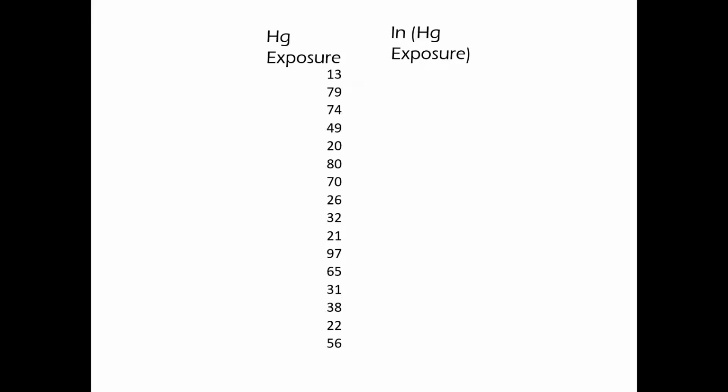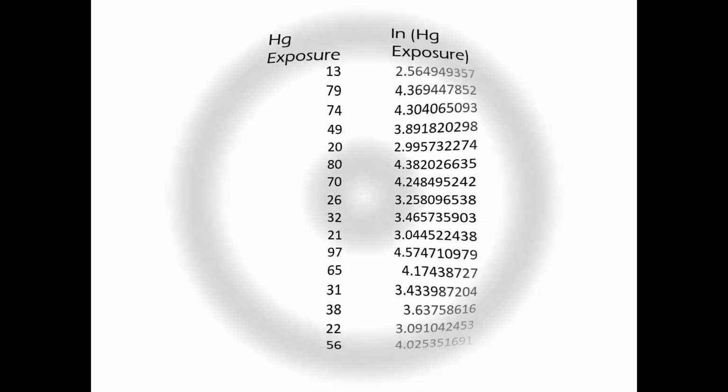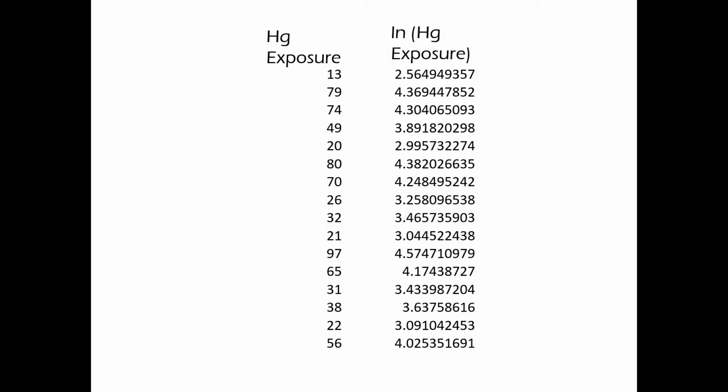Now back to our example. We have the original mercury concentration listed here, and we take the natural log of each measurement here. Then it gives us the value of each data point after transformation.